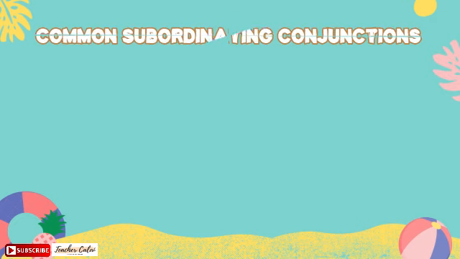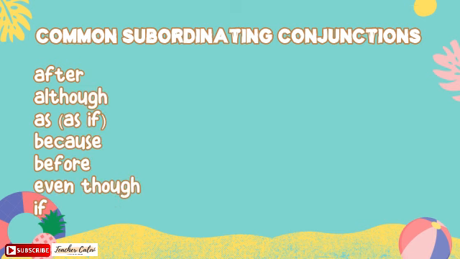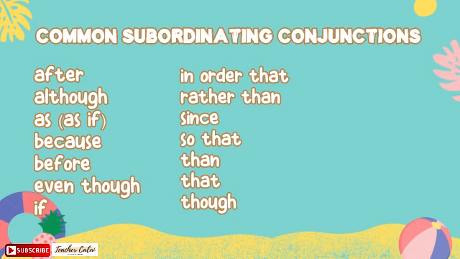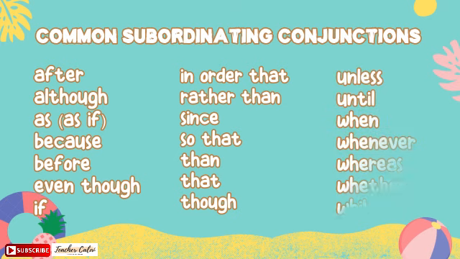And these are the common subordinating conjunctions: after, although, as or as if, because, before, even though, if, in order that, rather than, since, so that, than, that, though, unless, until, when, whenever, whereas, whether, and while.